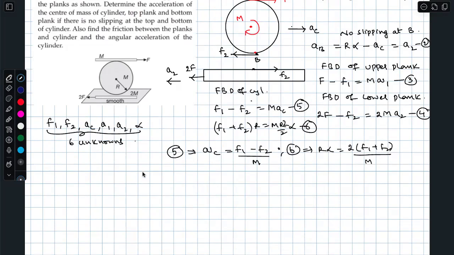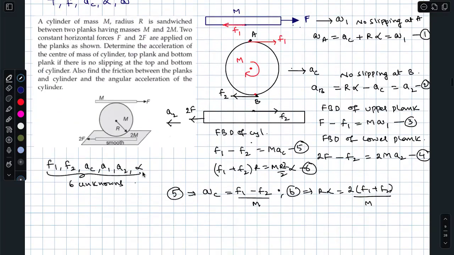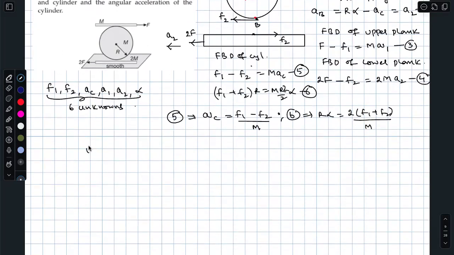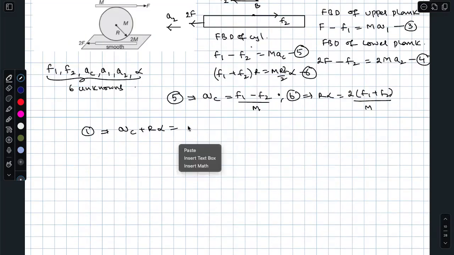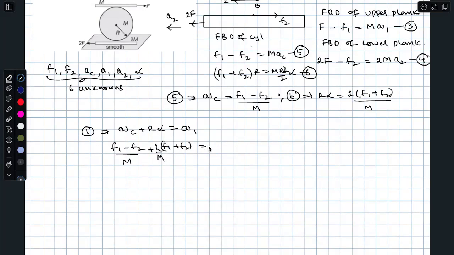Okay. Now you first take equation 1. Equation 1 implies AC plus R alpha is A1. Yes or no? Which implies (F1 minus F2) by capital M plus (F1 plus F2) times 2 by M is A1. Now you please keep this A1 aside, right?